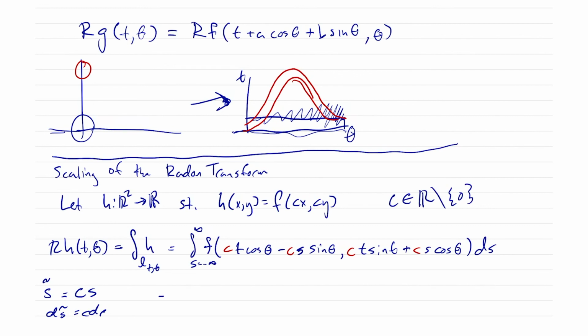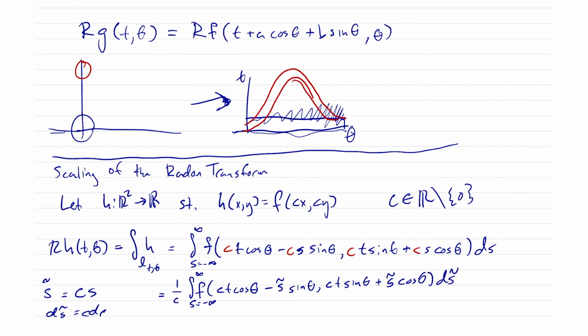So first of all, that's going to go as 1 over c times the integral from minus infinity to infinity of f of ct cosine of theta minus s twiddle sine of theta, comma, ct sine of theta plus s twiddle cosine of theta, ds twiddle.